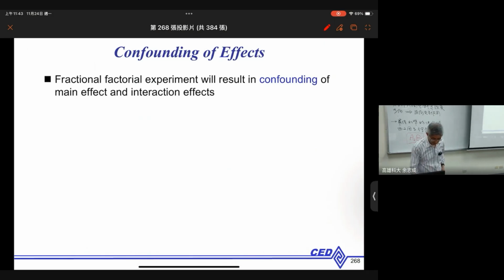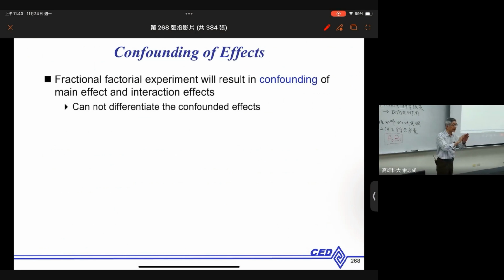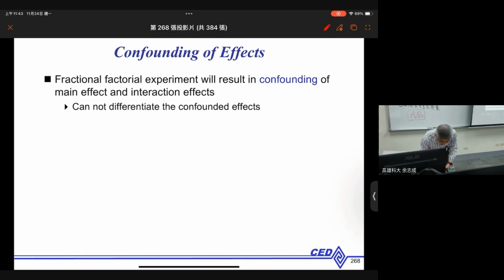I will show you what confounding of interaction effects and main effects means, which means that you cannot separate them during the analysis. You cannot separate whether it is due to a main effect or due to an interaction. You cannot differentiate.